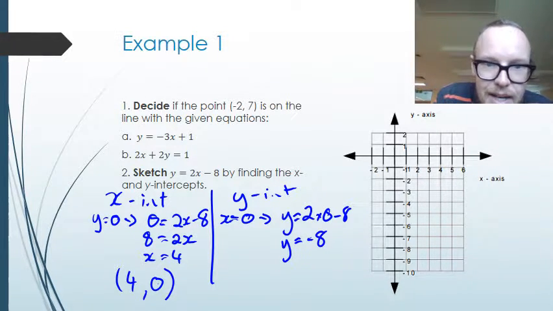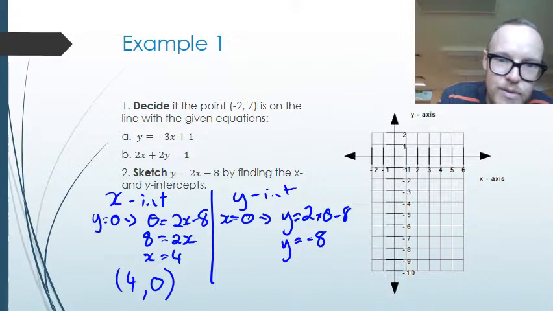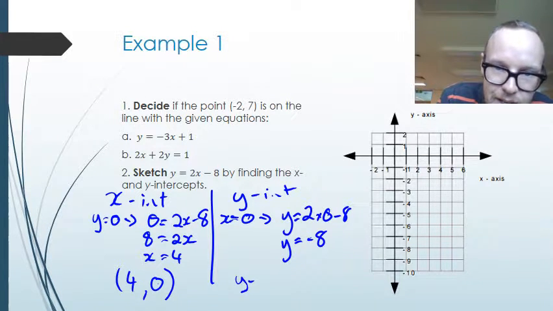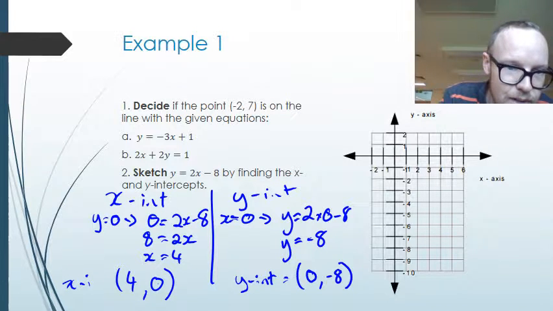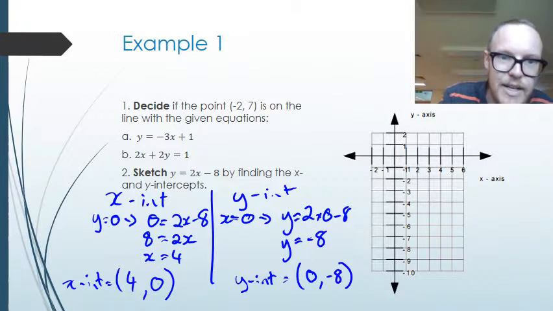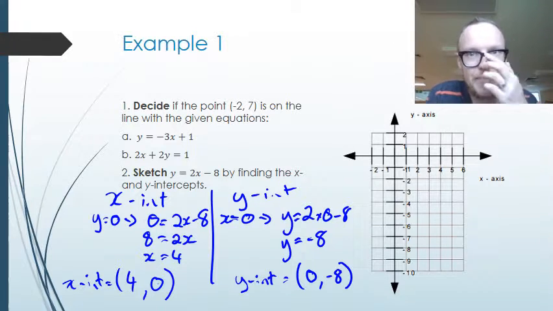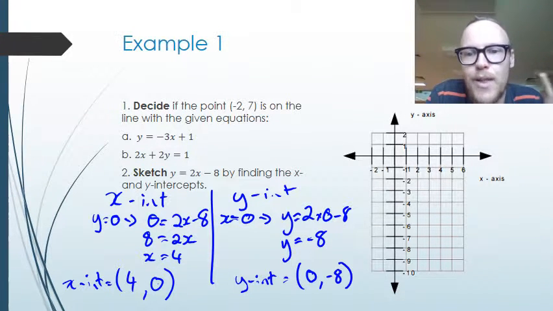So that means our y-intercept is equal to an x value of 0 and a y value of -8. Okay, so we probably should have said that over here, x-intercept equals, showing exactly and communicating exactly what we're giving by that point.